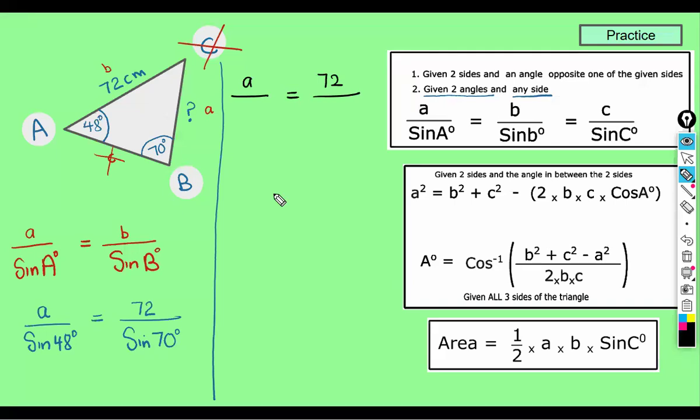Sine 48, 0.743. Sine 70, 0.93. Well, look at this, and this one's a strange one, because when you find sine 70, you're getting 0.9396.